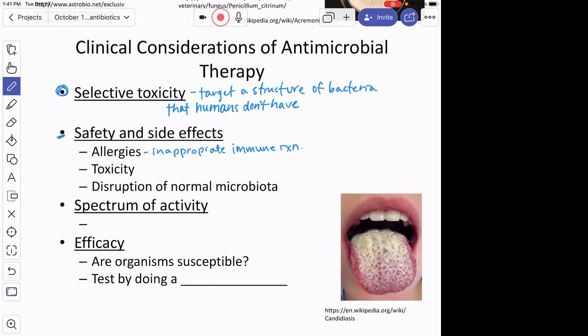But again, that plays into it. If there's a lot of people with allergy to one thing, then it's just maybe not going to be as commonly used. Toxicity. So most drugs have some potential side effects, at least. A really common one is, for example, kidney toxicity.